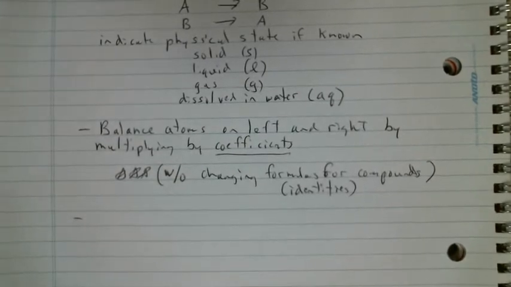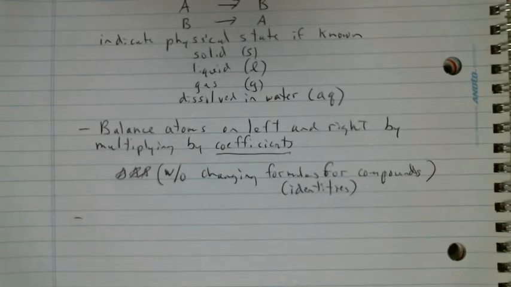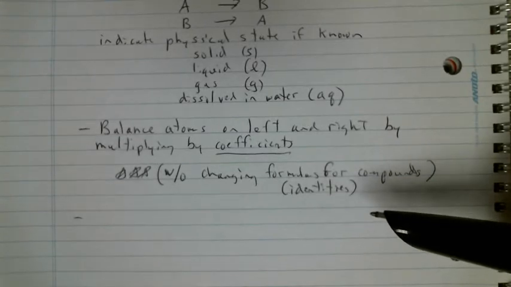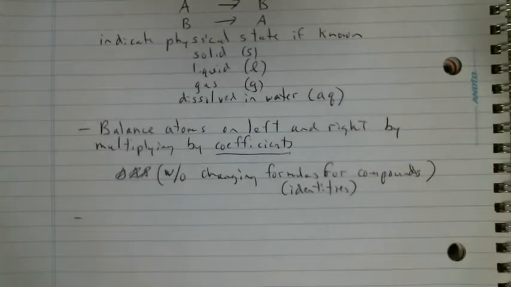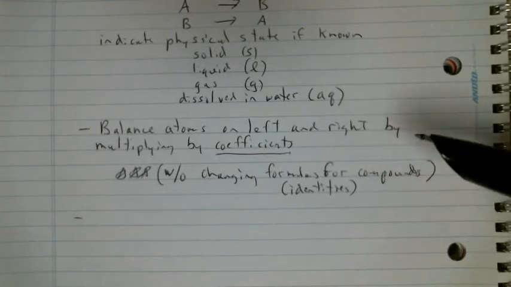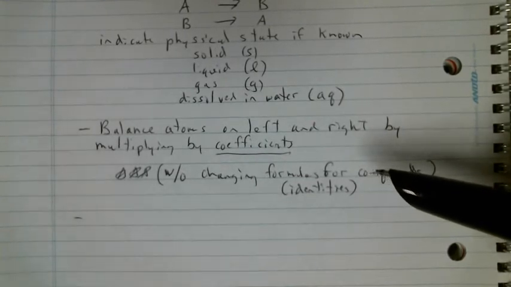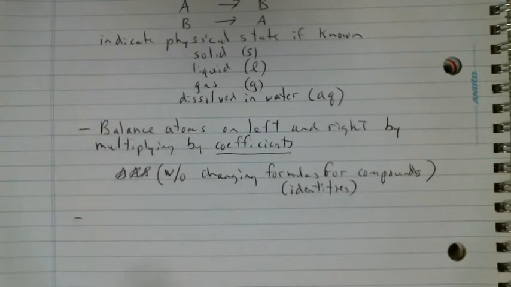All right, and then that's pretty consistent. But then different books will give you different advice on how to go about this. And when we get to some harder ones to balance, the oxidation reduction ones in chapter 4, which will come after the second test, so we won't do those now. There's a systematic process for those kinds of reactions. But for these first ones, we just balance them by inspection.